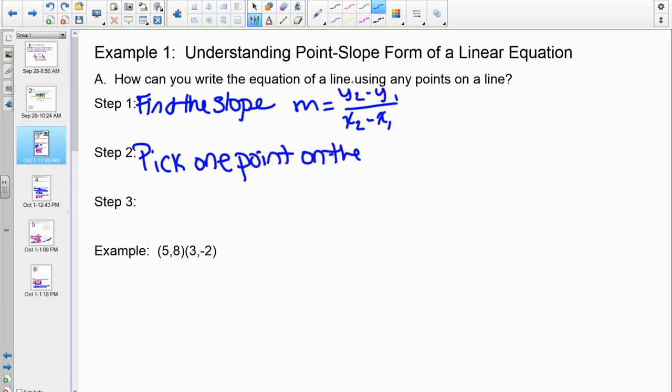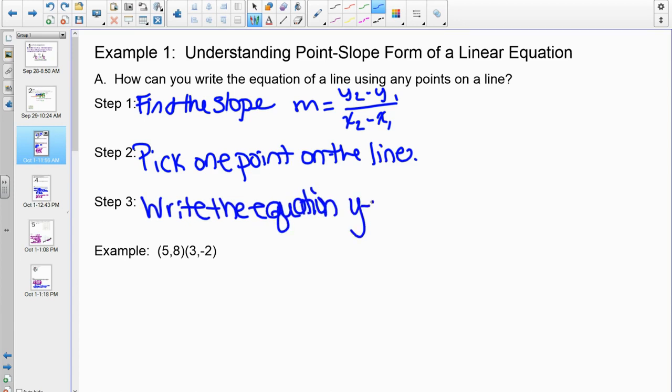I'm going to guess you're going to pick a point that you used to find the slope. And then the last step is just to write the equation in the format. Remember, we're working on point-slope, so it's y minus y1 equals m times x minus x1.